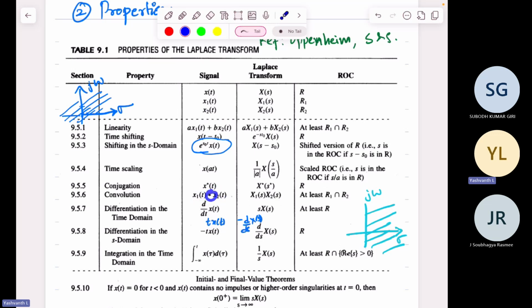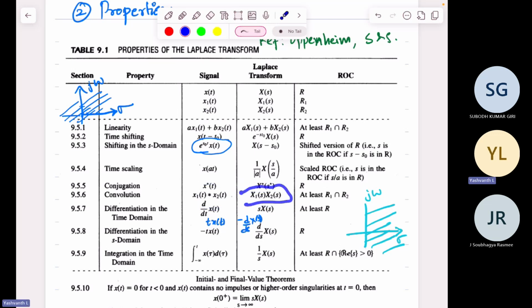That is, the convolution will now become a product in the Laplace domain. It's a short trick. Instead of convolution, all you can do is take the Laplace transform, do the multiplication, and then take the inverse Laplace transform. We will use such tricks for analyzing systems.